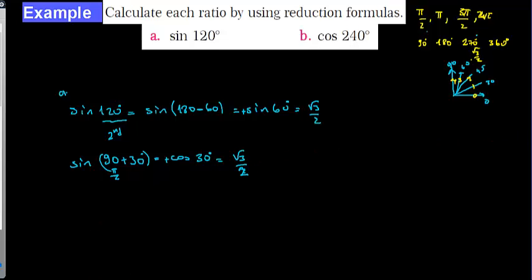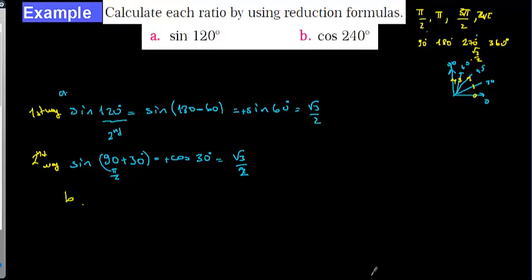Here we are going to solve for cosine 240 degree, for part b. Here, this is the first way, by the way, and this is the second way. So you can write cosine 240 in two different ways.